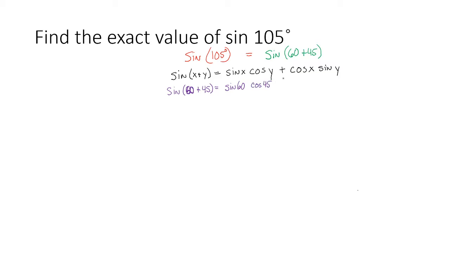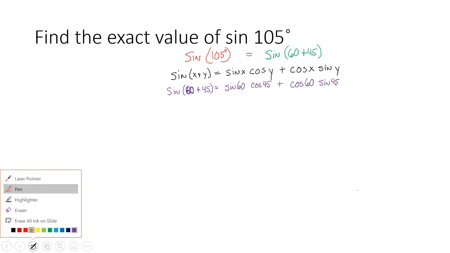Remember y is 45, plus the cosine of 60 times the sine of 45. Do you have that trig chart in front of you? That will become very, very important for our next step.